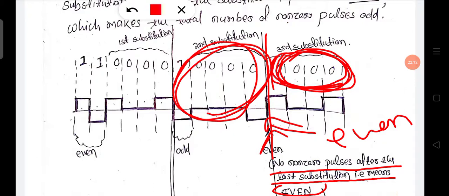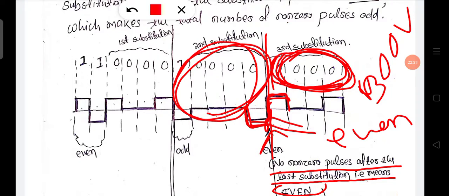And we use the encoding process for even, B00V. Here you see this is B, the opposite polarity of the previous non-zero. The previous non-zero is negative, so this is positive.